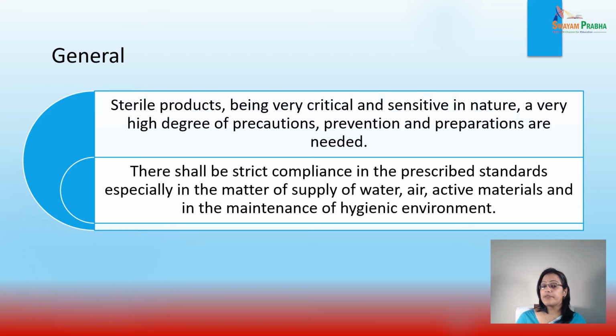So sterility is a must for parenteral and ophthalmic dosage forms. They are very critical and sensitive dosage forms, so a high degree of precaution, prevention and preparation is needed for sterile products.